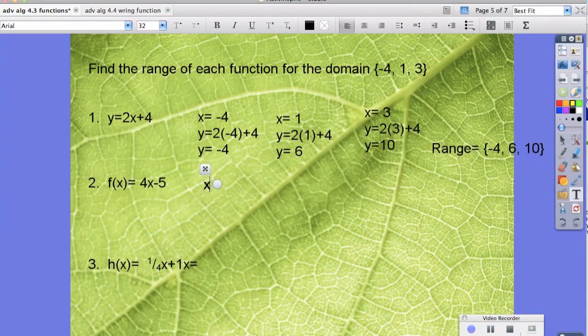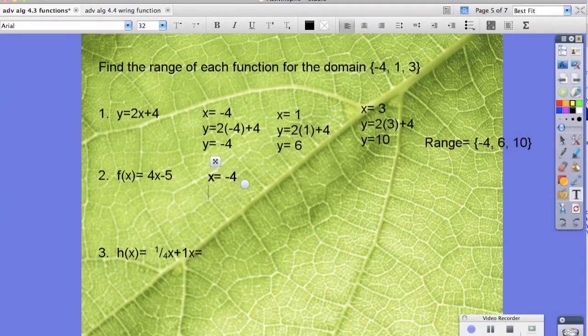So x equals -4. We have f of, instead of x, it's -4, right? So f of -4 equals 4 times -4 minus 5. F of -4 turns out to be -21. Same thing for x equals 1. We get f of 1 equals 4 times 1 minus 5.